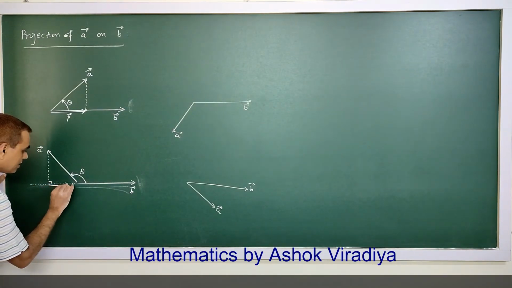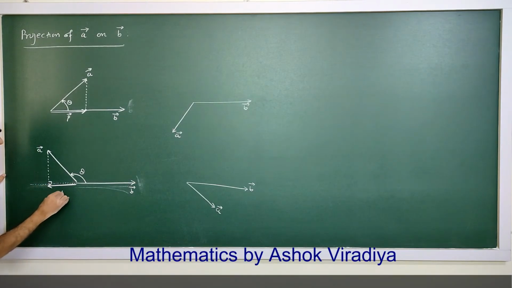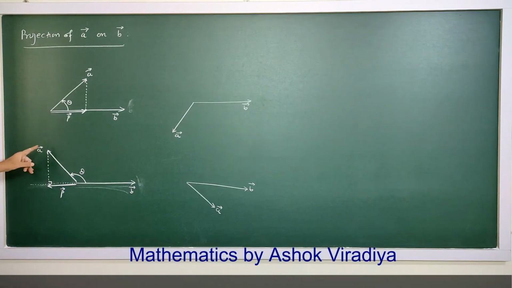So this vector is the projection vector, projection of vector A on B. Here the direction is opposite to B because theta is obtuse.